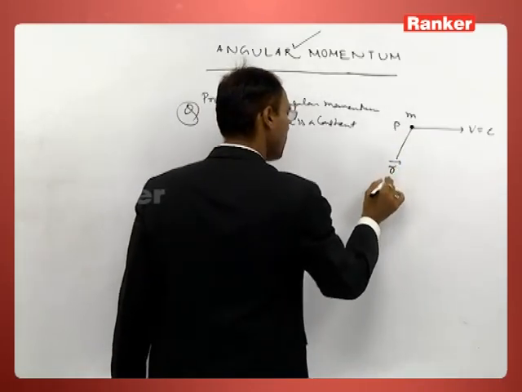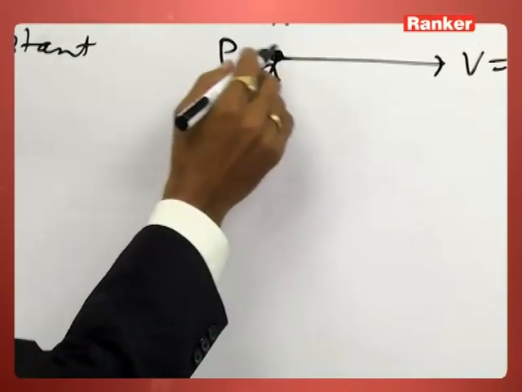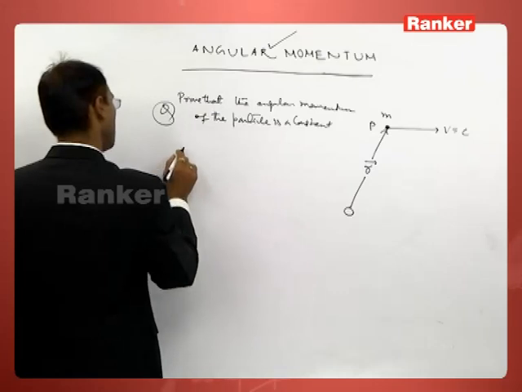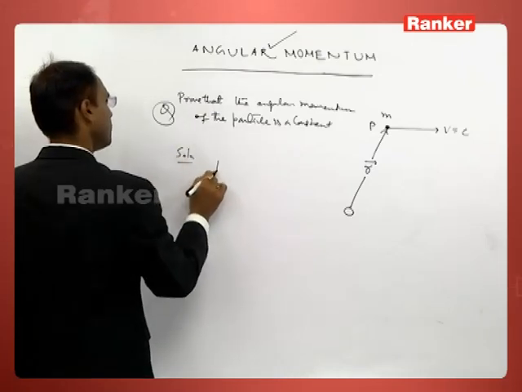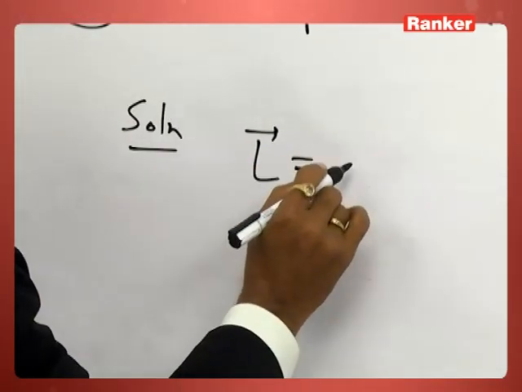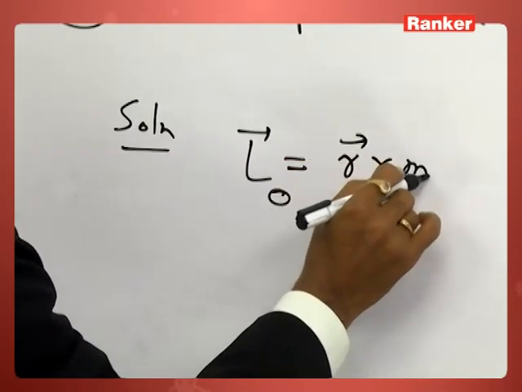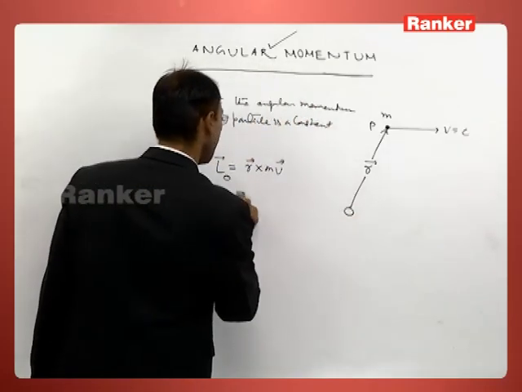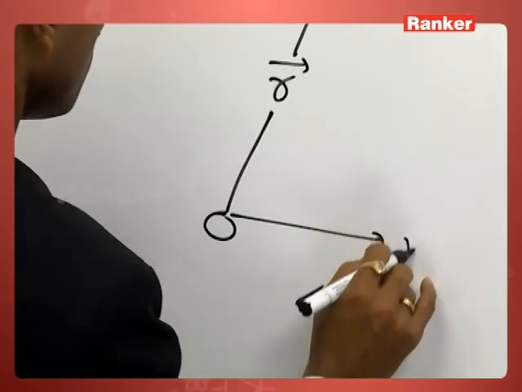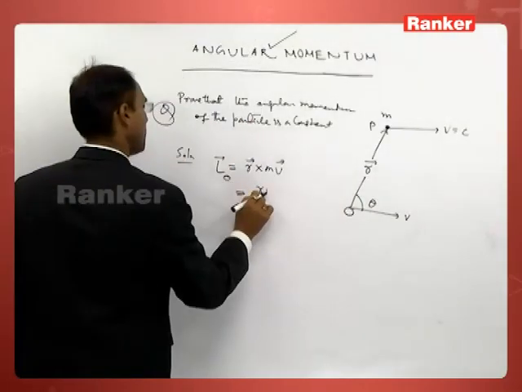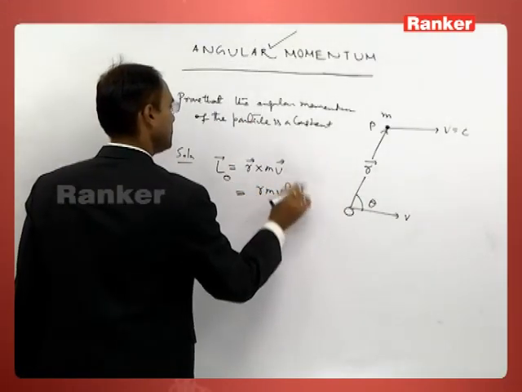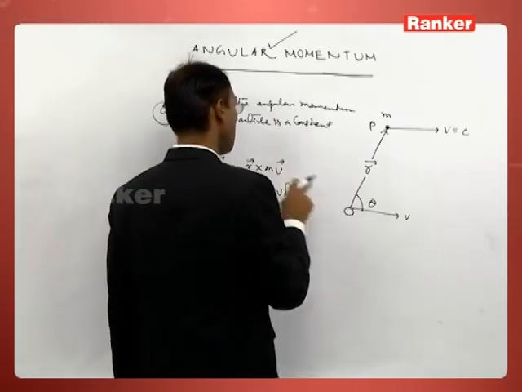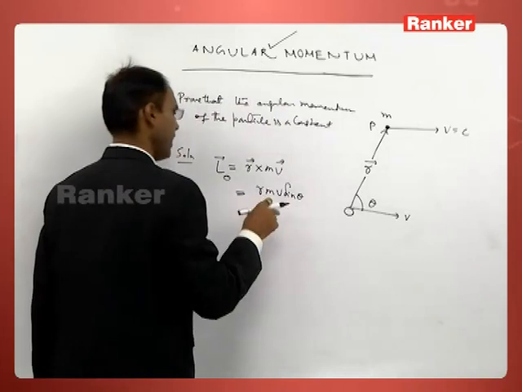You take this reference point O, this is the position vector of the particle, and the angular momentum about this point O is equal to r cross mv. This can also be written as r m v sin theta, and the angle is given by the A cross B idea.